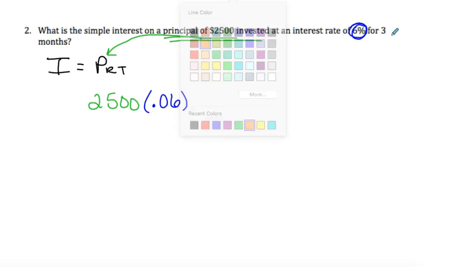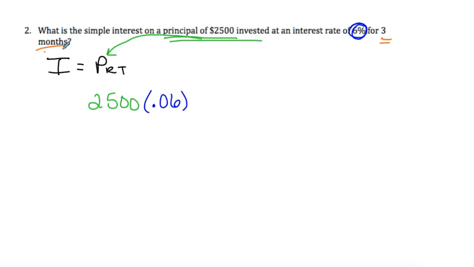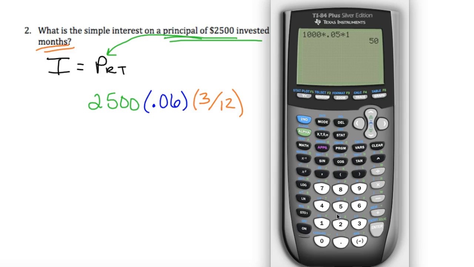Then my time, 3 months. Well, if I have 12 months in a year, I need to do 3 divided by 12. So on my calculator, I'm going to do 2,500 times 0.06 times 3 divided by 12.